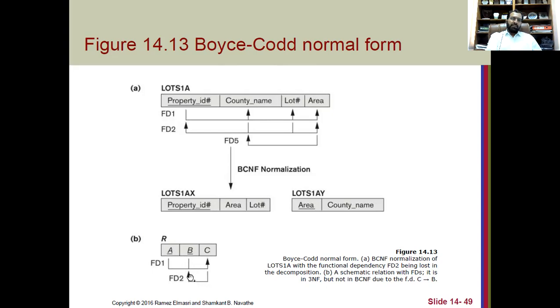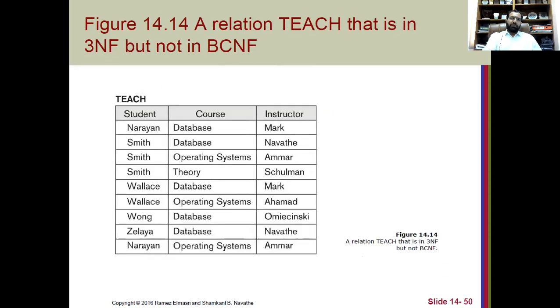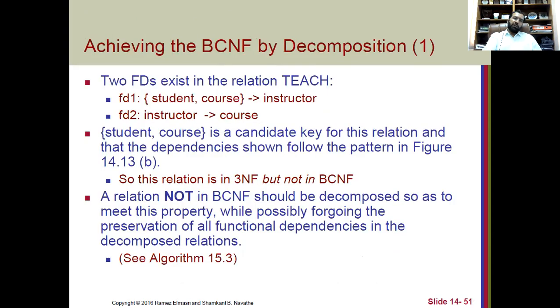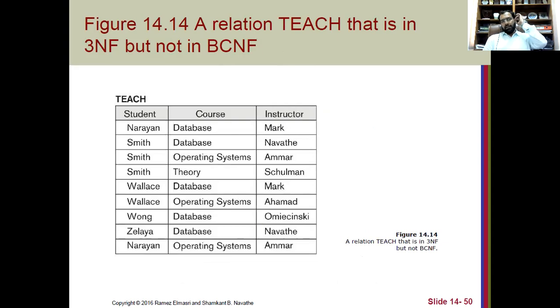Because this definition also exists, which says that there is some sort of candidate key, so that has to be resolved. So this by definition follows the third normal form, but not the BCNF definition. You can see this example in this table and understand the concept.